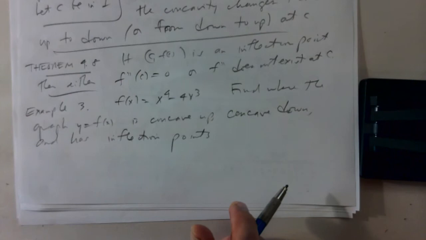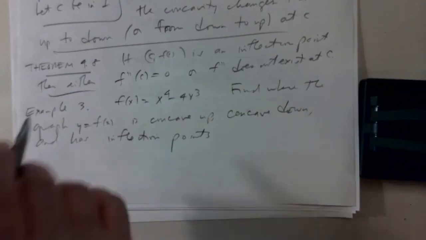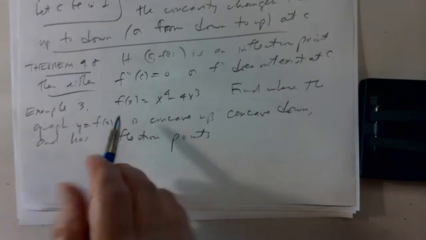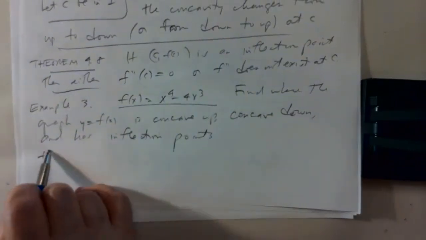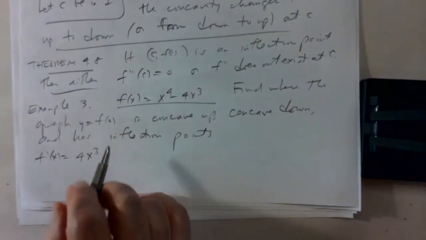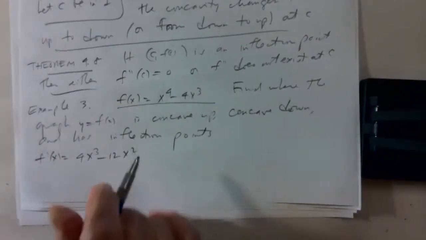These questions about concavity are determined by the first and second derivatives. So here is f of x. If we differentiate it once, we get 4x cubed minus 12x squared.